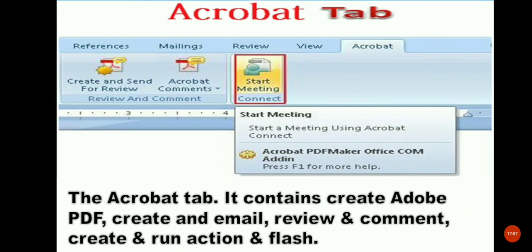So this Acrobat tab contains create Adobe PDF, create and email, review and comment, create and run action, and flash. This tab is used when you want to convert your file as an Acrobat file.